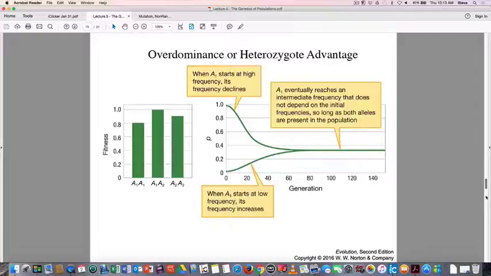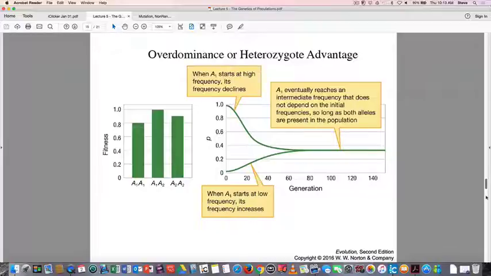Do you get the same outcome in this case as opposed to the previous three, or what's different? In the previous three you get fixation or loss of alleles, right? Here you maintain both alleles in the population. Okay, so that's one of the big differences. You maintain both alleles under heterozygote advantage.